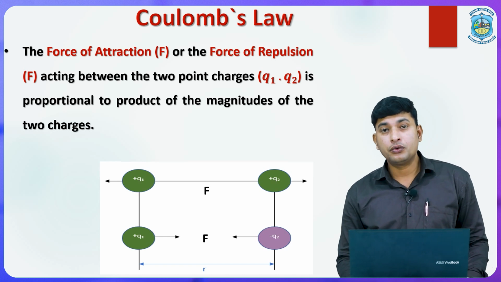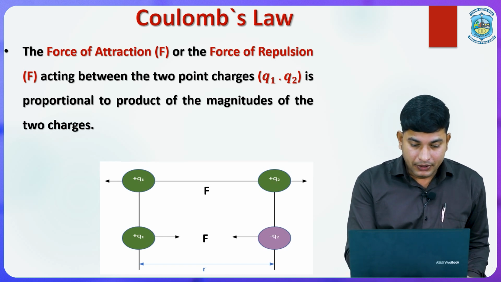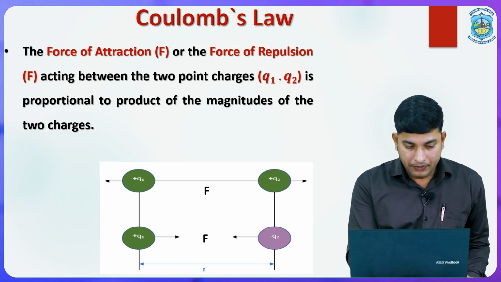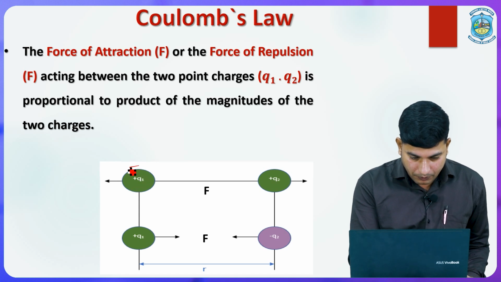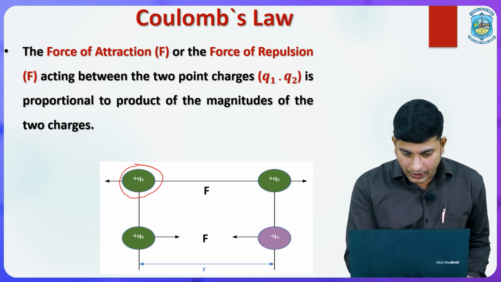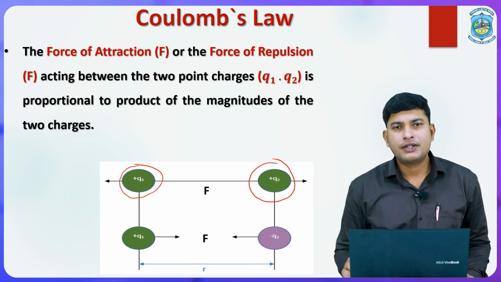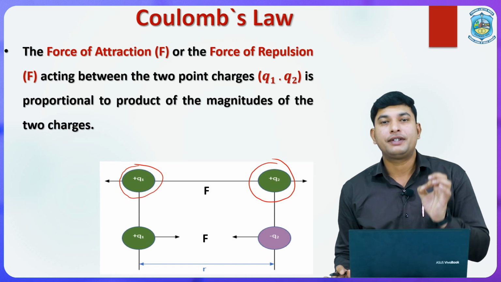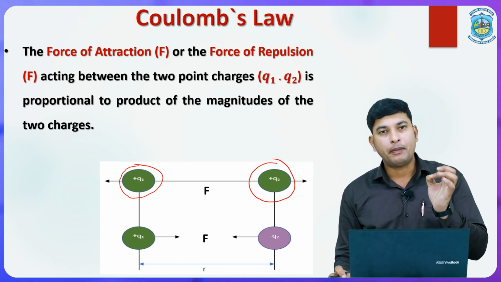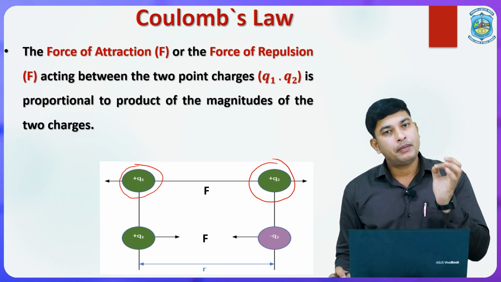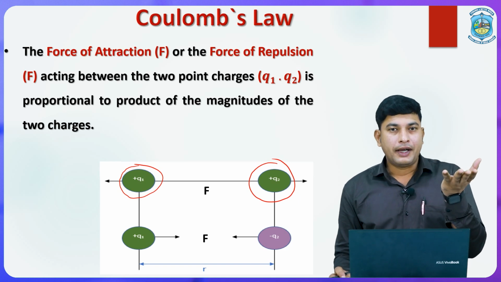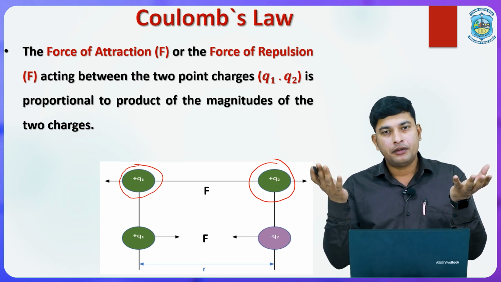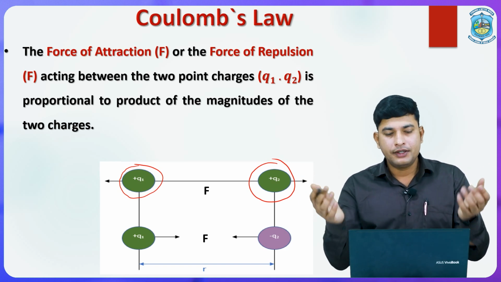According to this law, in the diagram we have two charge particles: one with positive charge Q1, and another charge particle Q2. We are taking the example of unit charge, meaning particles that have a simple magnitude of one, negative or positive, or the same charges.